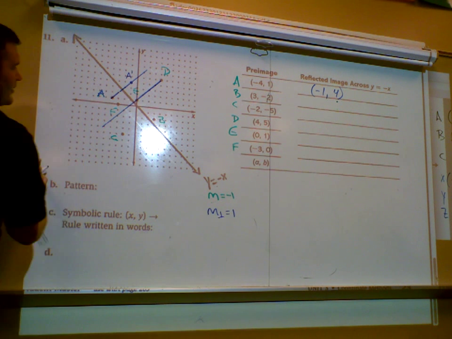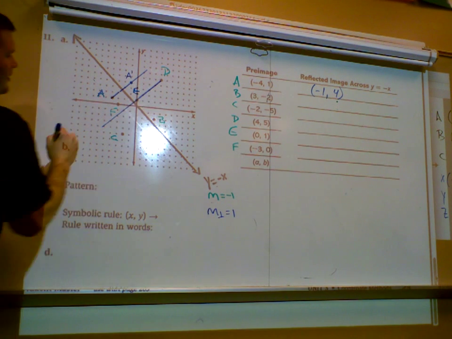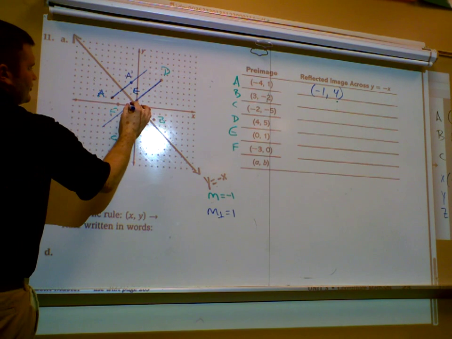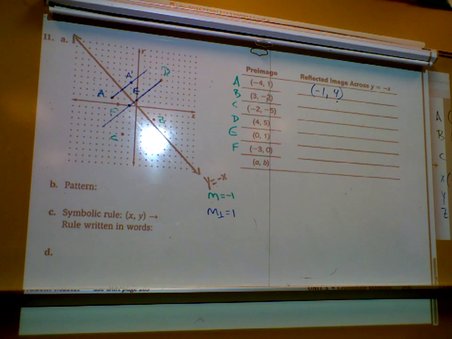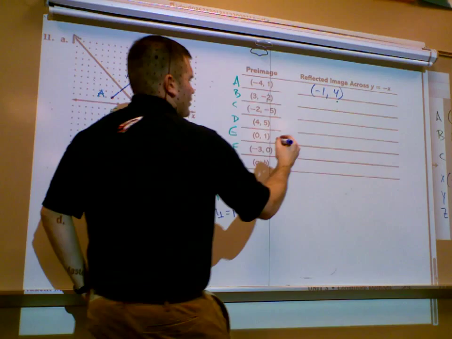Right, here's E. So E is like the first dot off the line, isn't it? So then E is going to be right there, right? E was 0, 1. Now it's -1, 0.